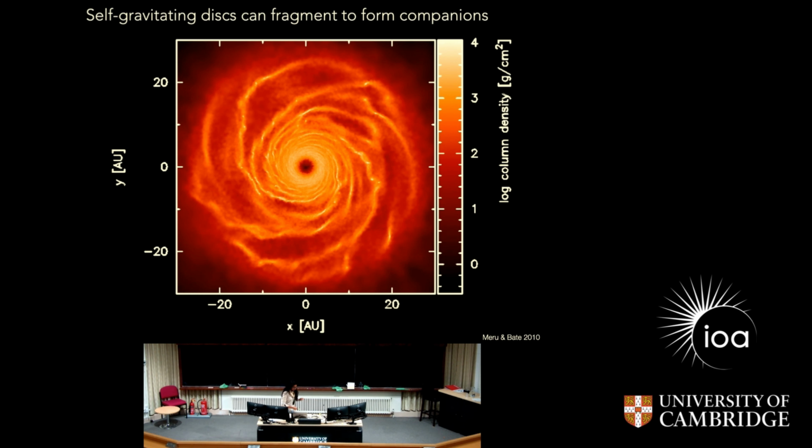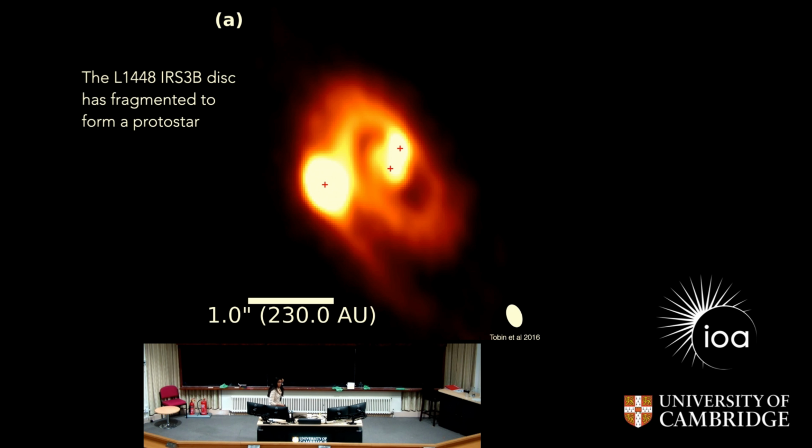Now, it's really interesting to look at the fragmentation side of things and the impact that might have on a disk. Here is one observation of a disk that is thought to have fragmented into a protostar.